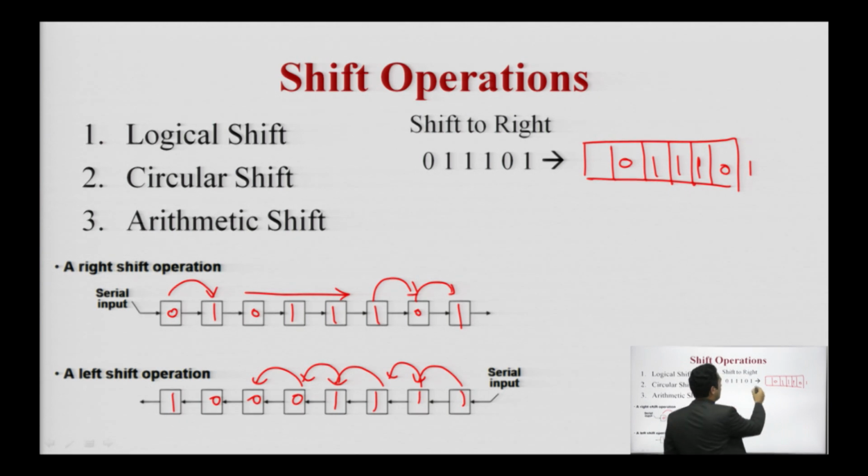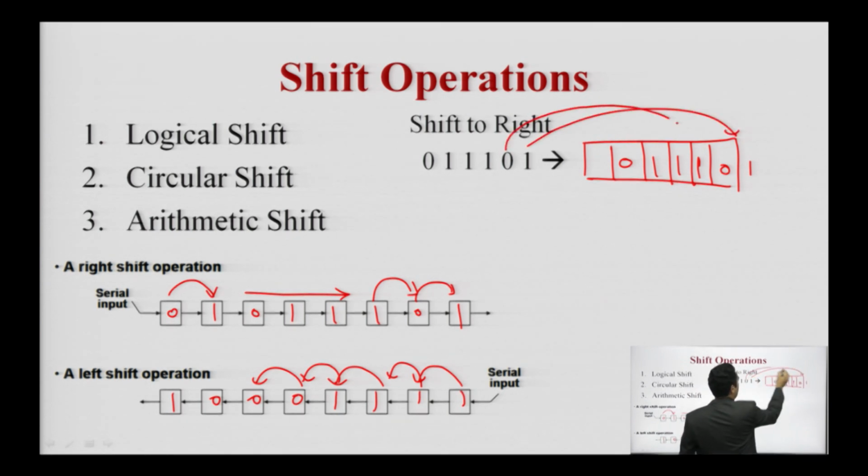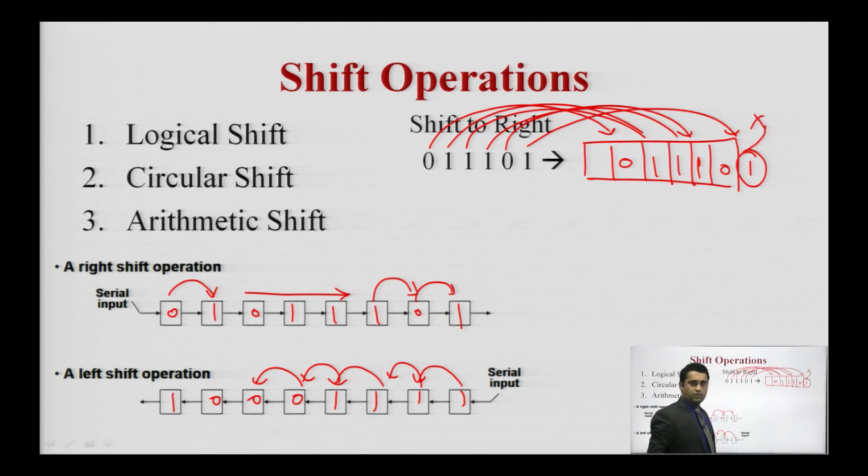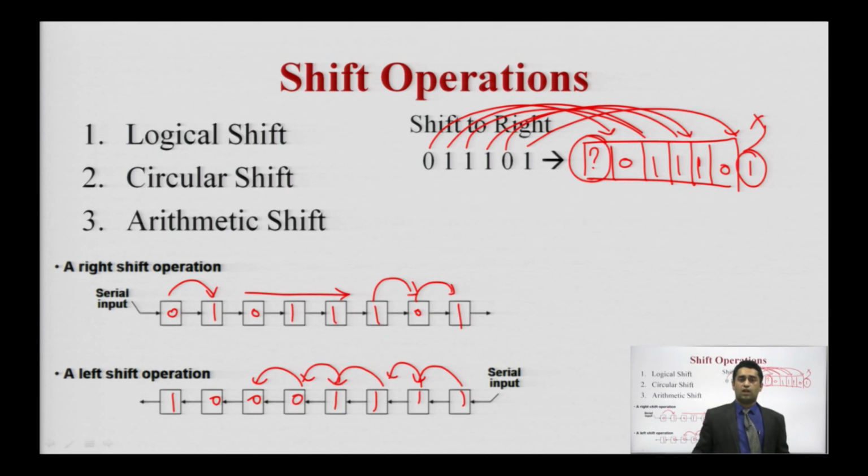So, if we are shifting all the numbers in this manner, like this, now this is ignored because this is out of the bound and this place is empty. So, what is required at this place? Means when we are performing a shift operation, then at this box what is required?